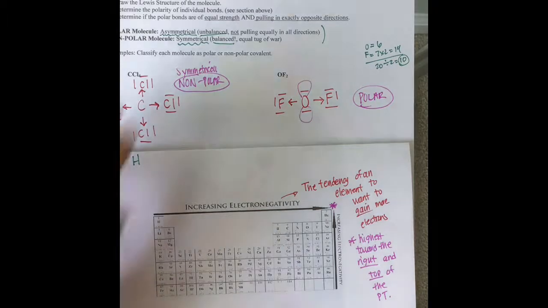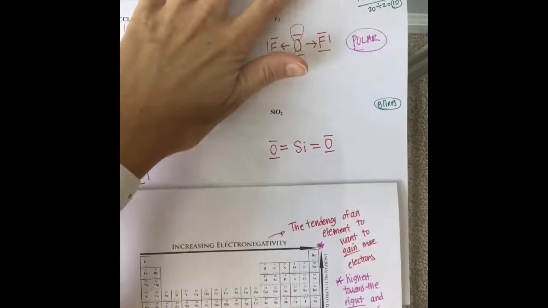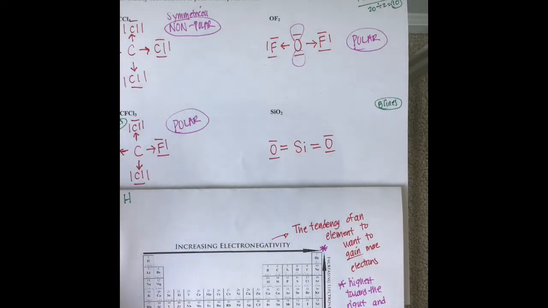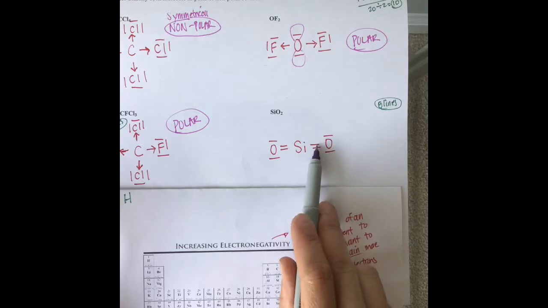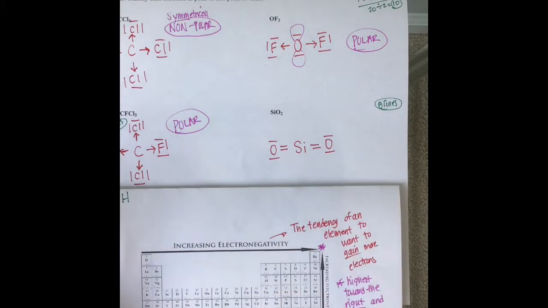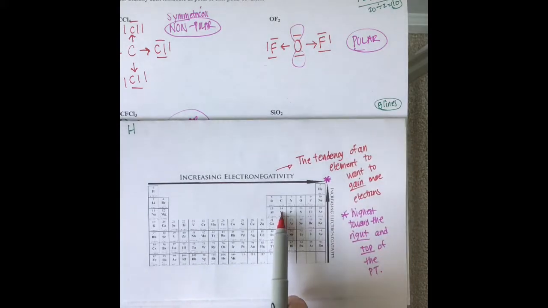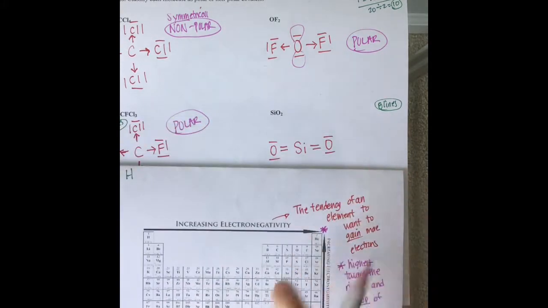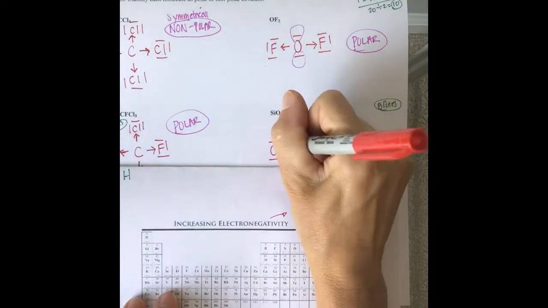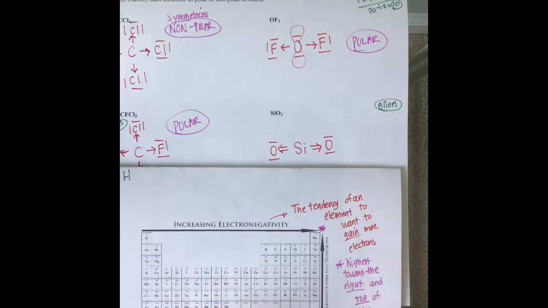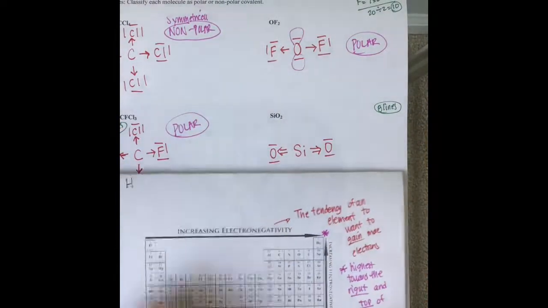All right, and then our last example is going to be SiO2. Oxygens are allowed to have double bonds, so you should have double bonds here. When you compare the electronegativity of silicon and oxygen, oxygen is more towards the top right, so your arrows should pull outward.